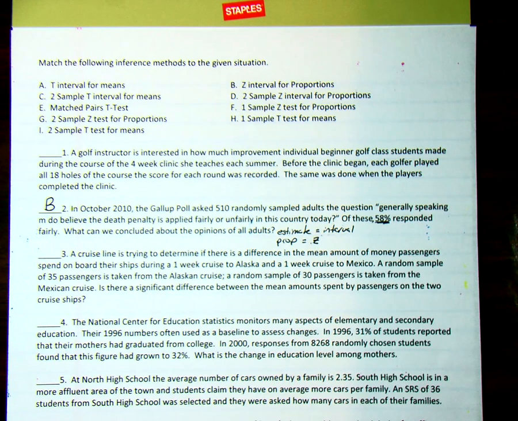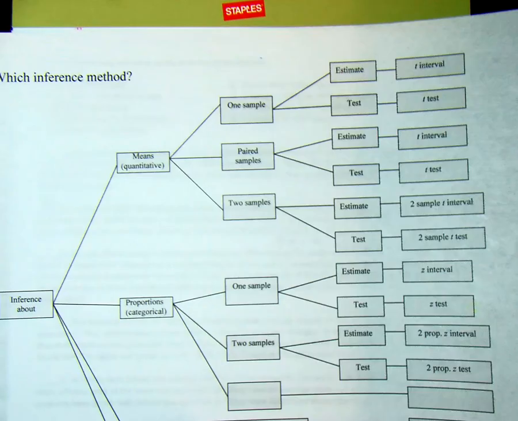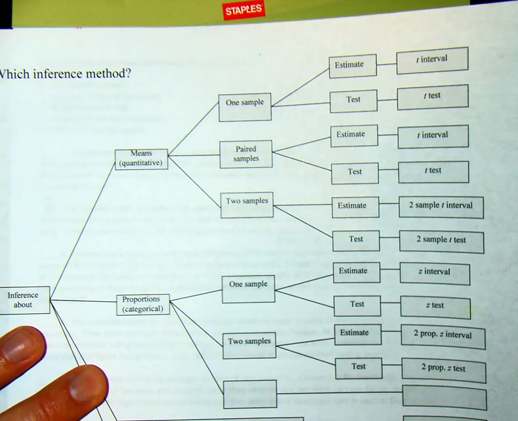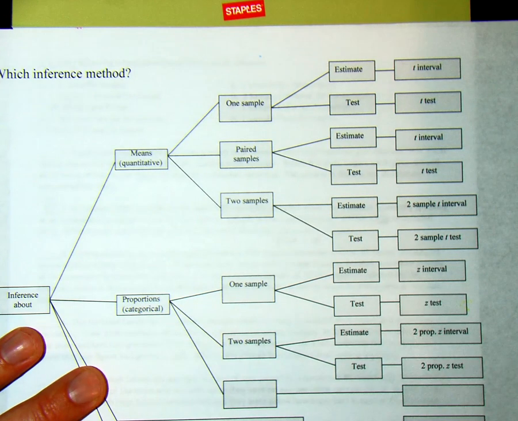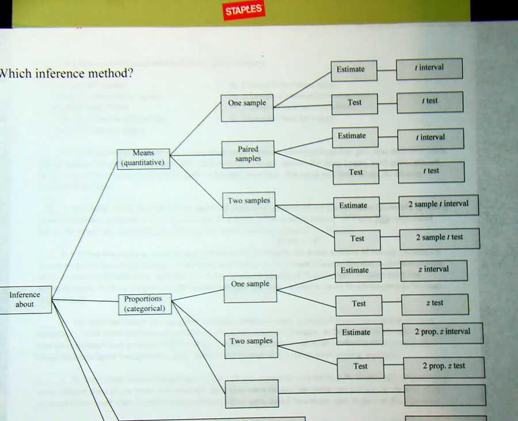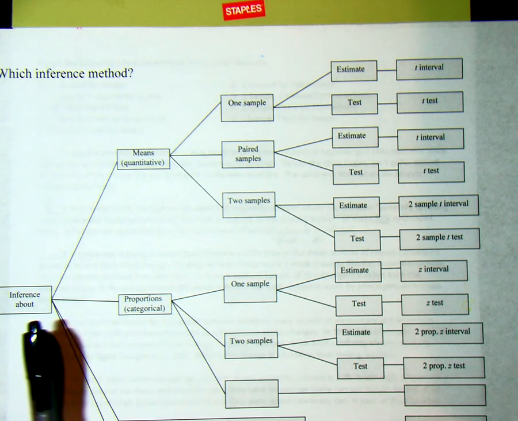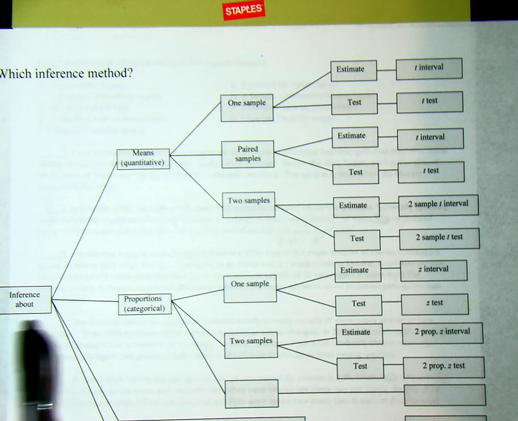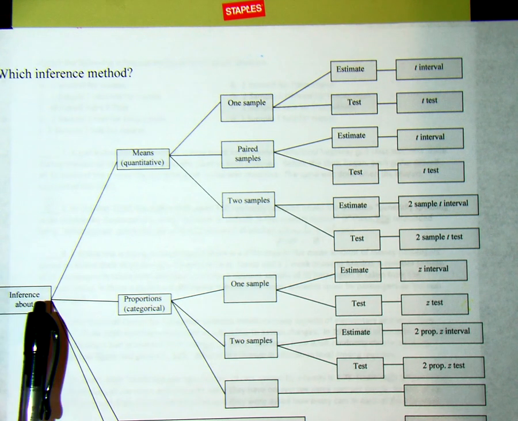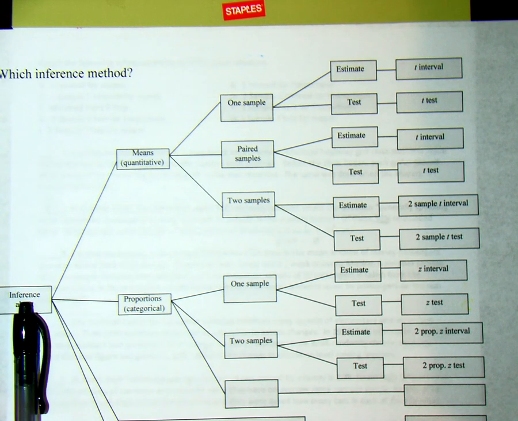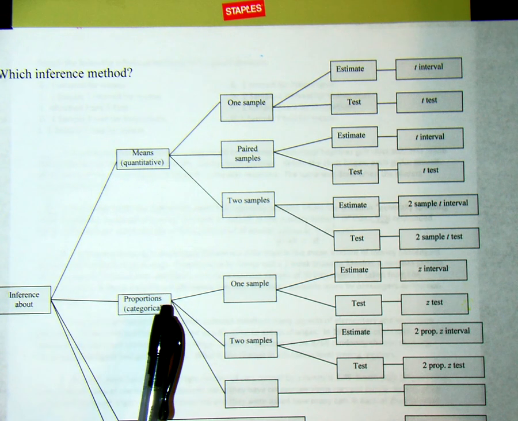Now, if you want to, you can print out the little flow chart we made for you, and figure out if it might help you get to the right interval or test that you need to do. Here in this flow chart, we would go like this. We were making an inference. We're talking about the proportion of people that felt like the death penalty was fair, so that means we're dealing with a proportion.